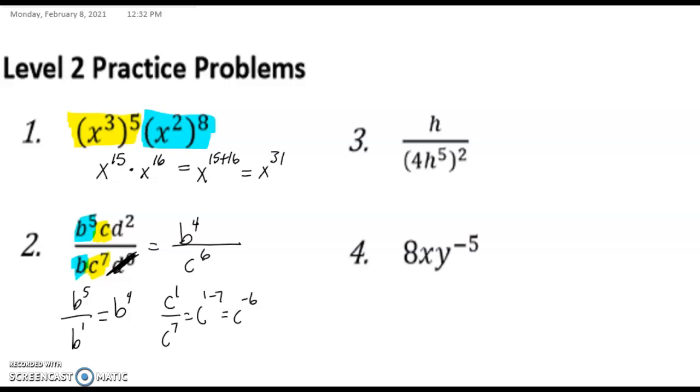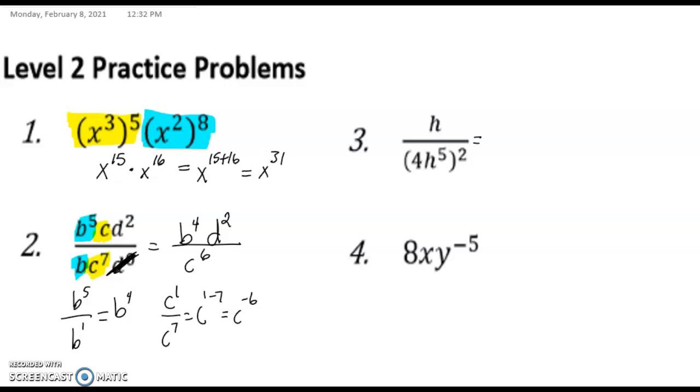And then d squared, there's no other d, and so we can't do anything to simplify it. So our answer is b to the 4th times d squared over c to the 6th. Take each letter together as its own small problem and simplify, and then you just write them all together in the fraction. Okay, let's look at number 3.